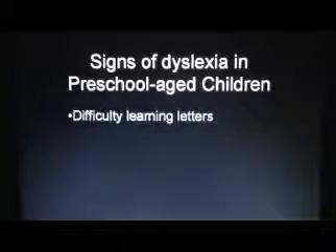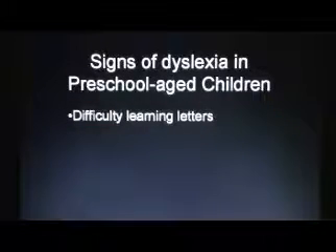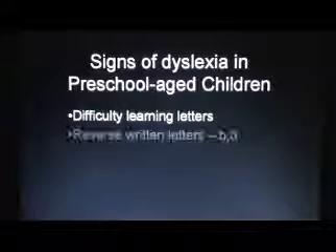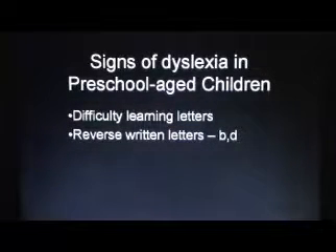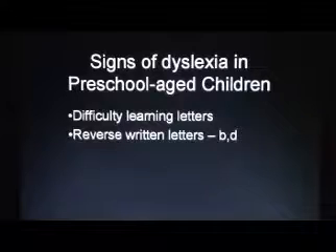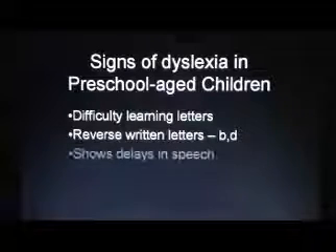As you attend to these, they're going to be students that tend to have difficulty learning letters. They may learn a few letters quite well, and then as you add more and more letters to it, they may start to forget some of the earlier letters that you taught them. They may have difficulty with written letters. They may tend to have prominent reversals. B's and D's are the most common, but there are many others also.